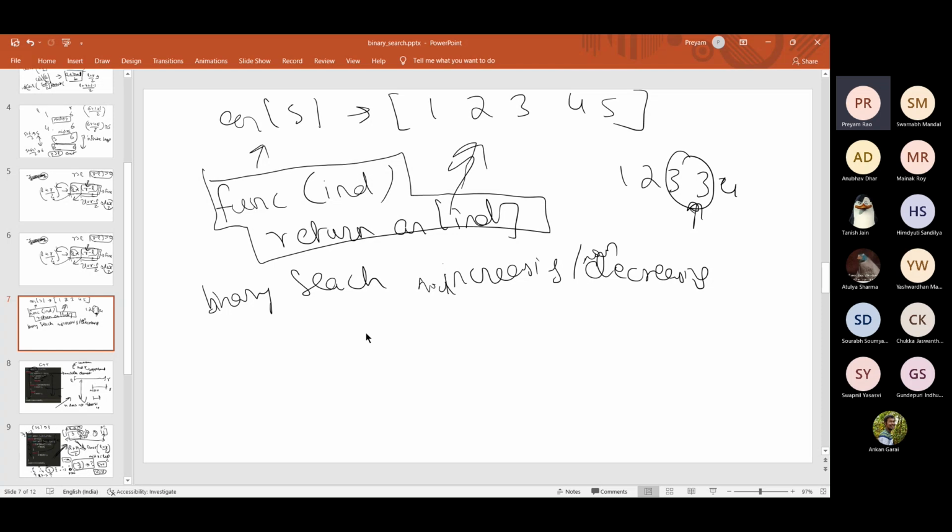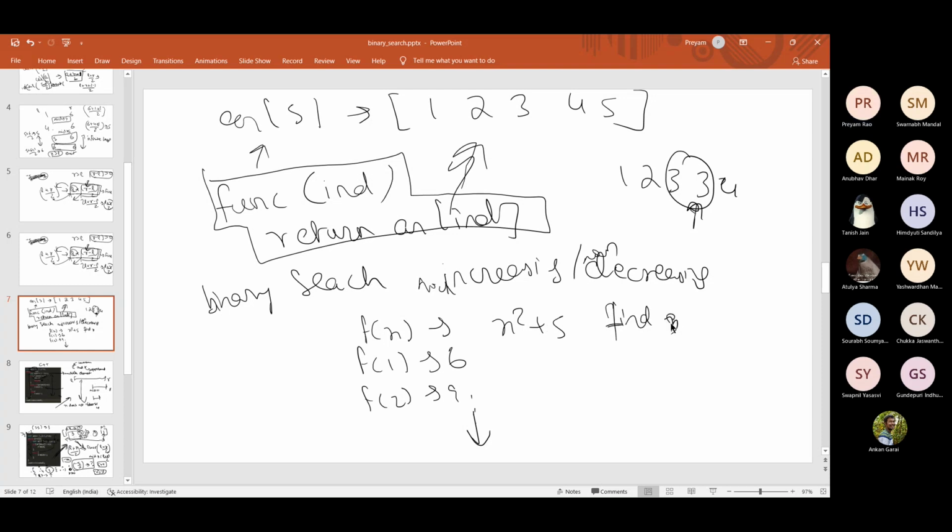So for example, f of x equals x squared plus 5, right? Now this is an increasing function. For f of 1, we'll have 6. For f of 2, we'll have 9, and so on and so forth. You can see that this always increases. So we can use binary search in the same way to, let's say, find x, find smallest x for which f of x is greater than or equal to 15, right?